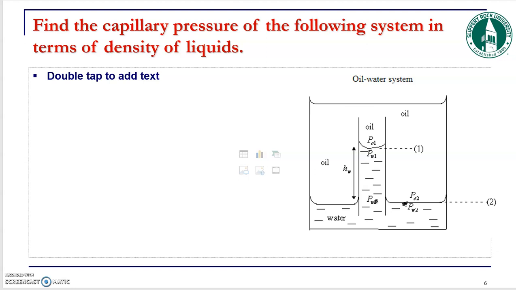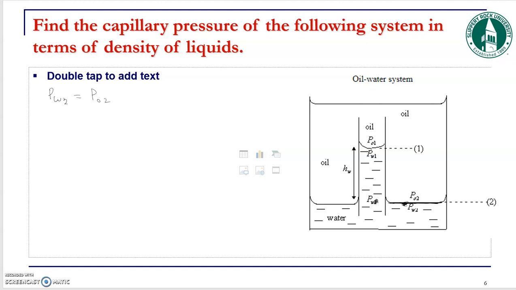So PW2 is equal to PO2. The reason that these two pressures are equal is that they are exactly at the boundary of the oil and water phase, and there is no capillary here.